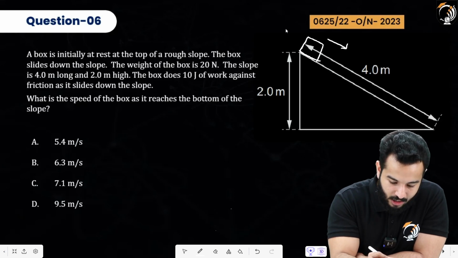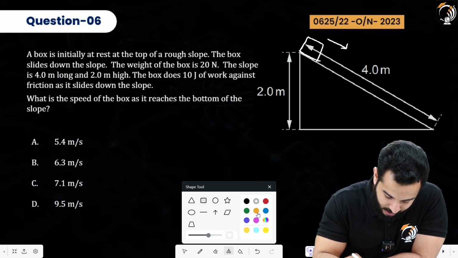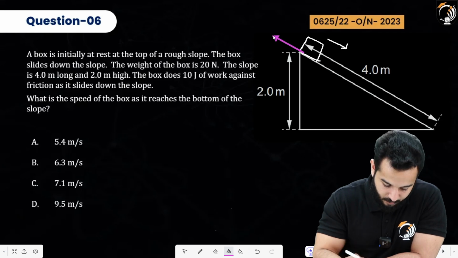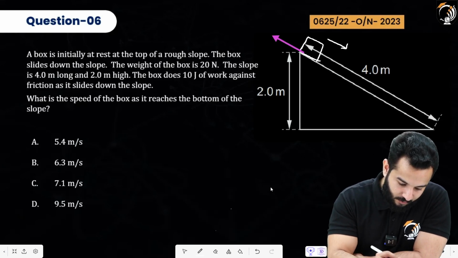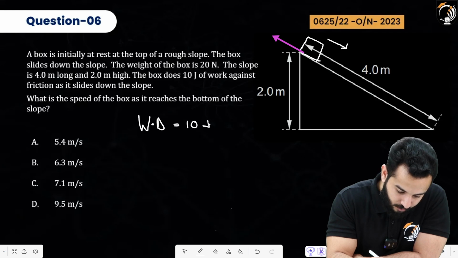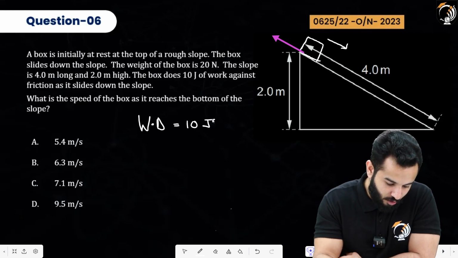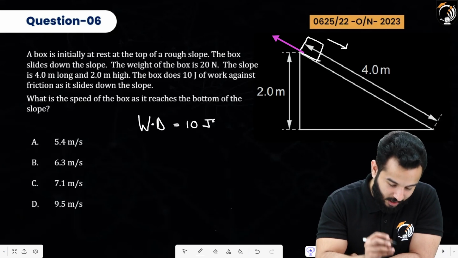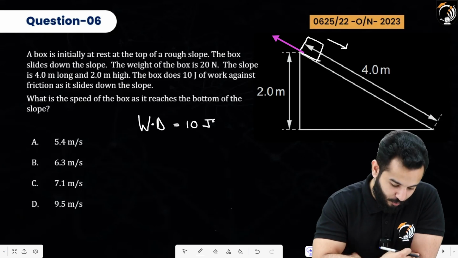So on this block, the friction force is acting somewhat in this direction, in the backward direction. So if work done against the friction is actually 10 joules, right? Now please understand how we are going to solve this problem.